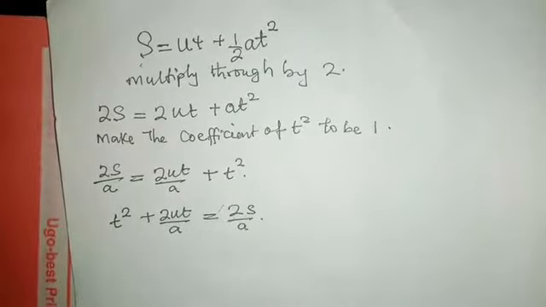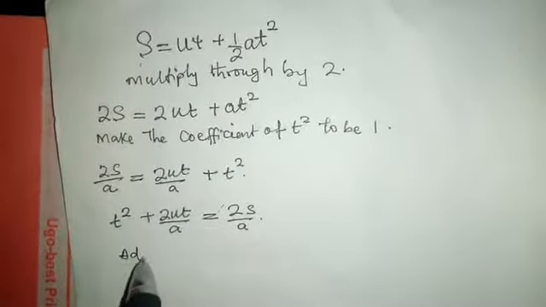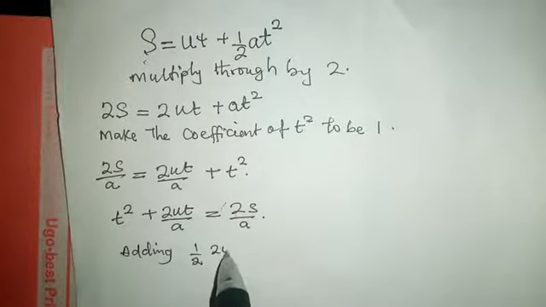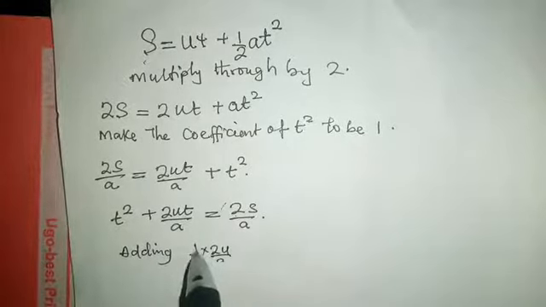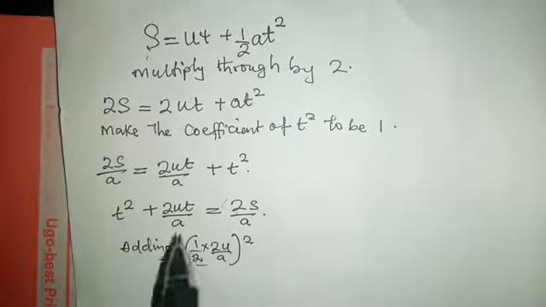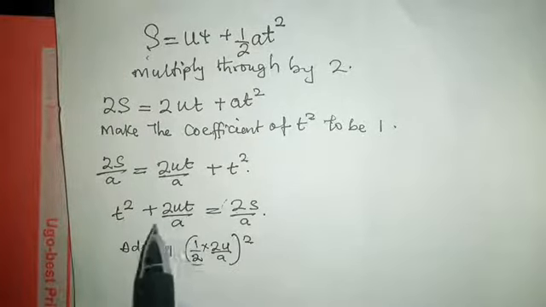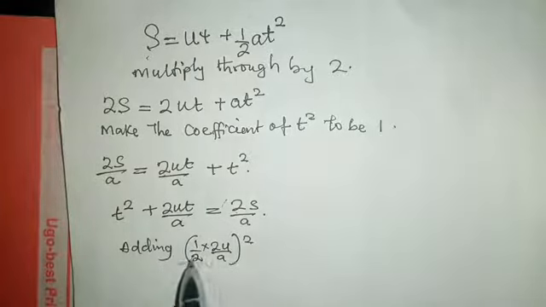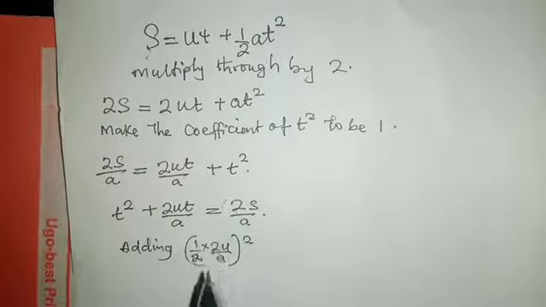So we have to complete the square by adding half of 2u over a, that is, half of the coefficient of t. The coefficient of t is 2u over a. I will halve it and square the result.